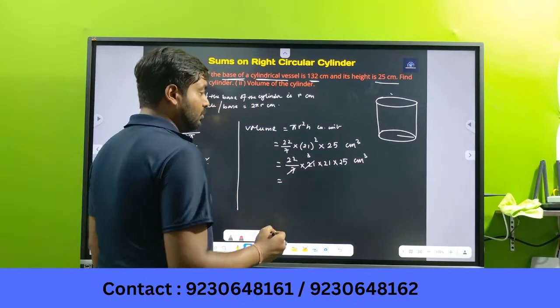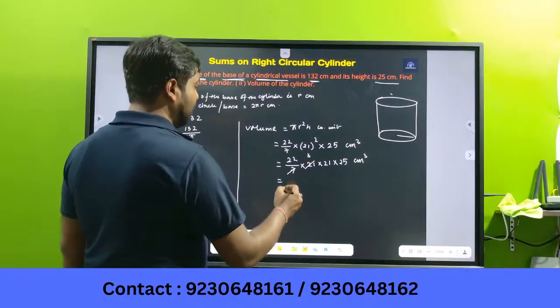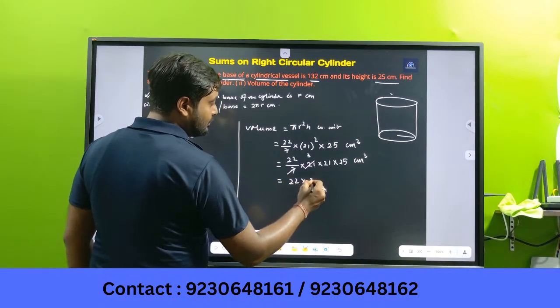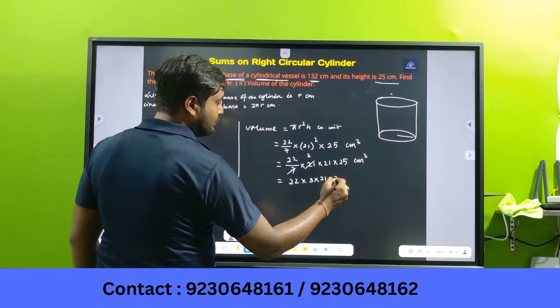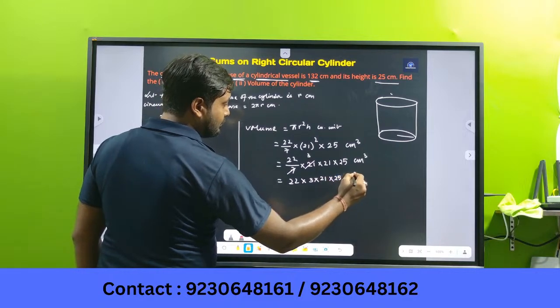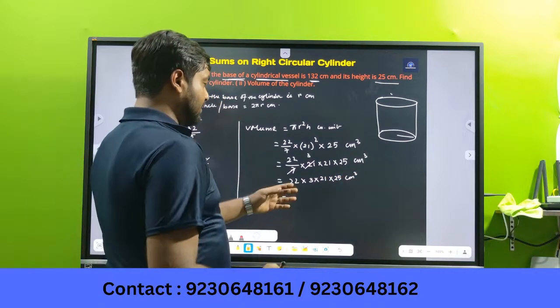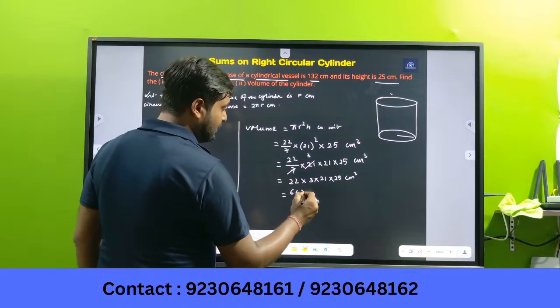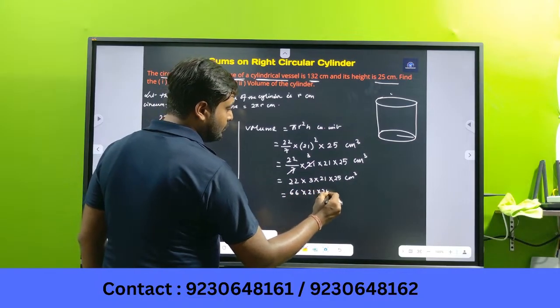We will have to multiply this. This is a big multiplication, and it should come out as 66 into 21 into 25.